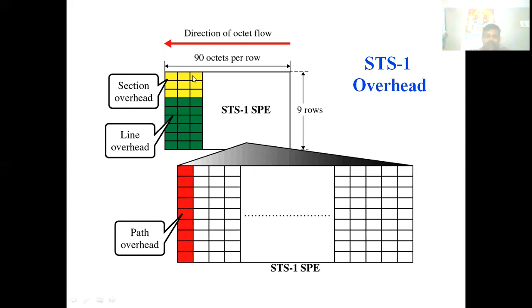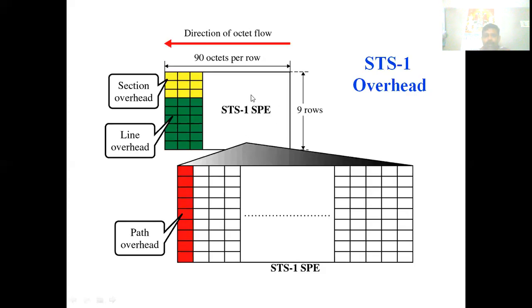The first 3 columns are section overhead, the next 6 columns are line overhead, and the next one is the path overhead. This one is the synchronous payload envelope, which is data plus path overhead.